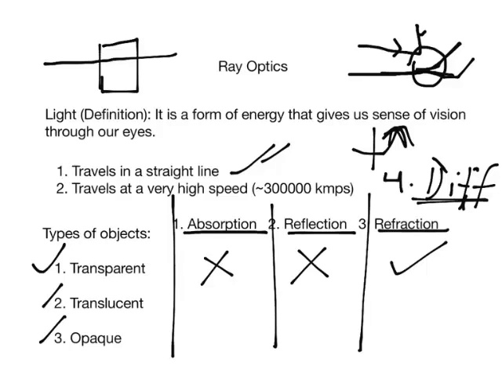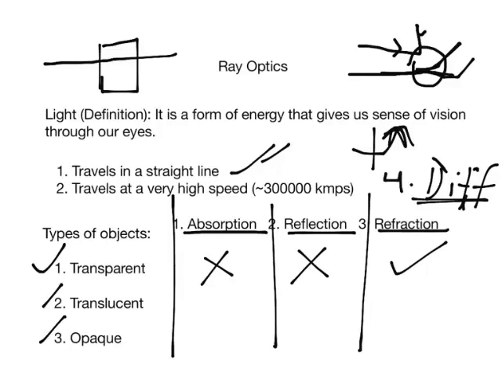And translucent objects. For example, you may have seen dirty water or tracing paper, through which you can see a little bit of light. You can get the feeling that there is a light source on the other side, but you can't clearly see things through that object.